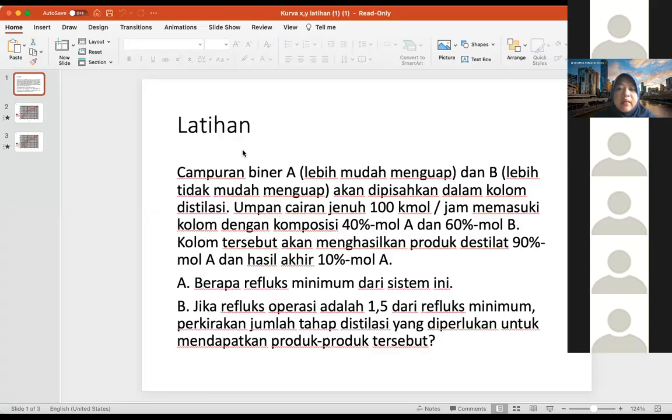Where is it? Okay, let me share screen. Okay, still Indonesian, but that's fine, so in Bahasa Indonesia.